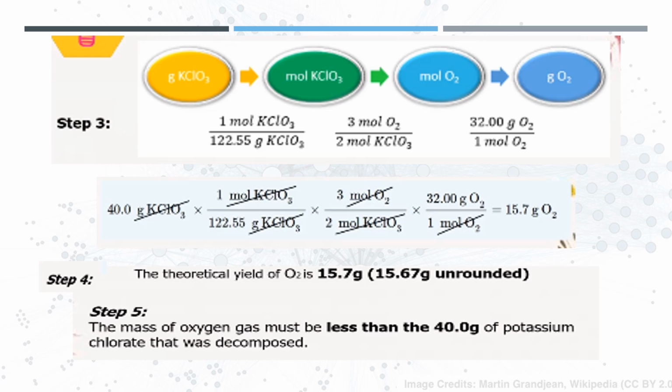And then 32.00 grams of the oxygen divided by 1 mole of oxygen.